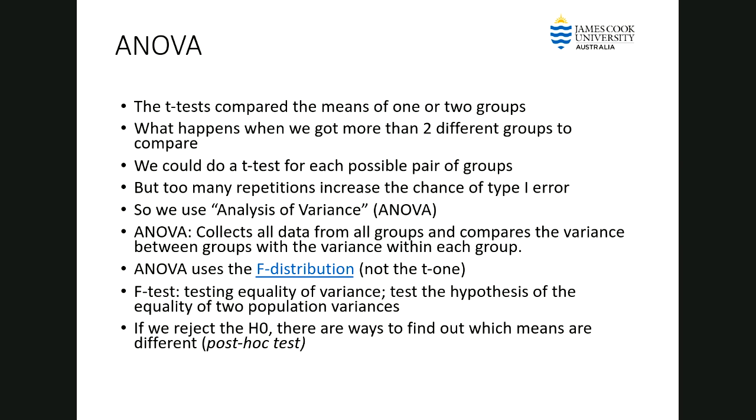Okay. And the result is the F test, like the Z test and T test, which gives us a kind of testing of equality of variance, and it tests the hypothesis of the equality of population variances. If we see that there are differences, then there is a further test to see which group varies from the other groups.